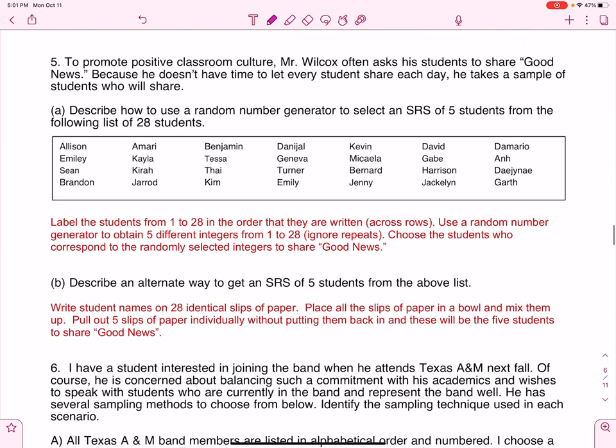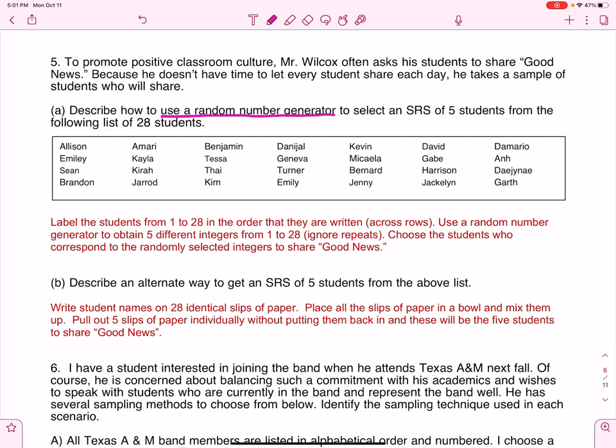On number 5, we're learning how to select students randomly. How do we take a simple random sample? If I'm using a random number generator, that's your calculator.